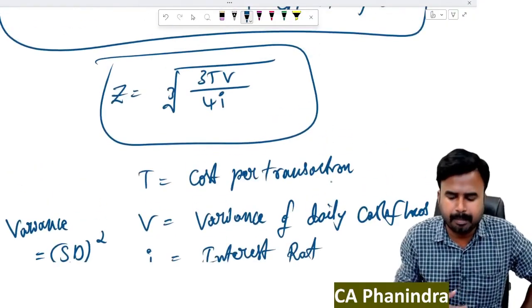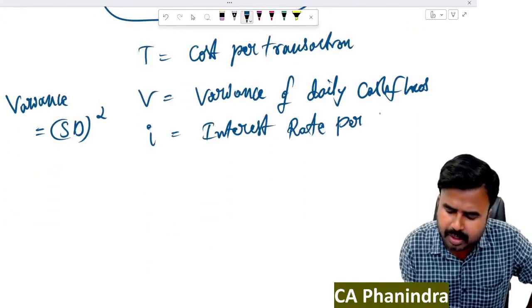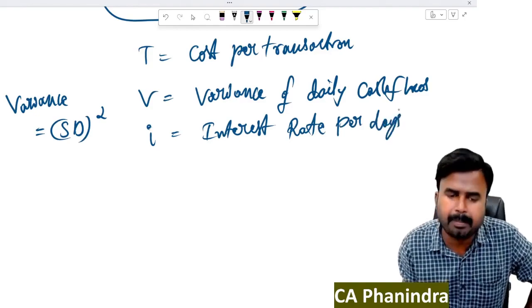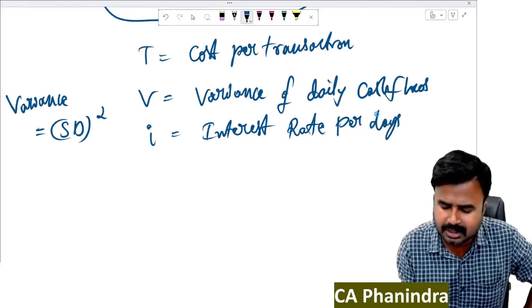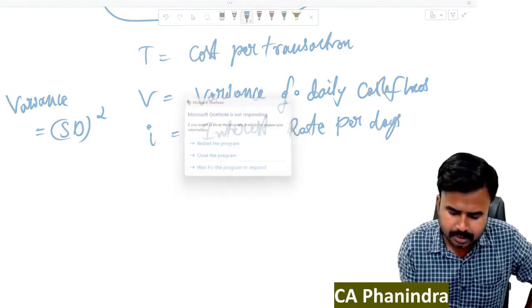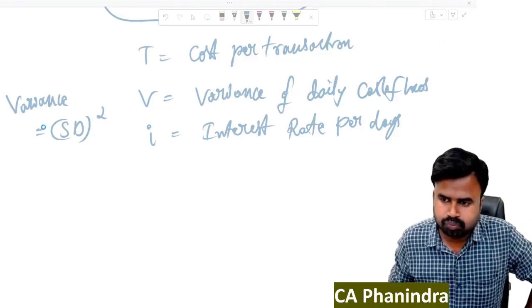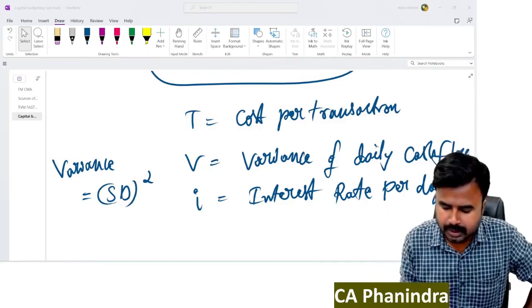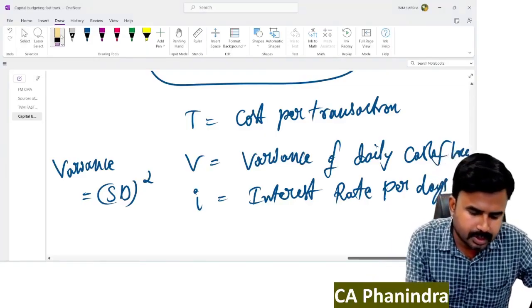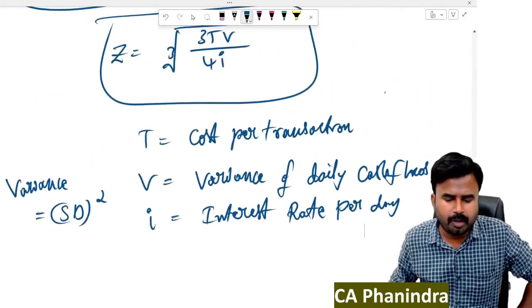That means I need per day variance of cash flows. Whereas this I is interest rate per day. This is not interest rate per annum. Even if it is given in per annum terms, you must convert such interest rate into per day terms. Yes, this is interest rate per day. So we understood the formula for Z.